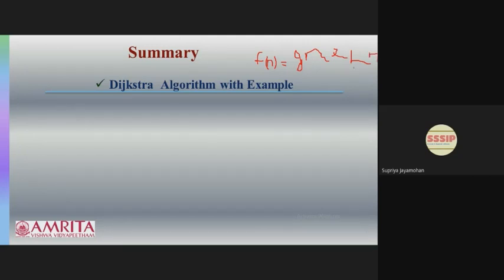And you would remember that this particular h of n was responsible for the heuristic. That heuristic value is not available in this particular case. This particular heuristic value is not available in the Dijkstra.